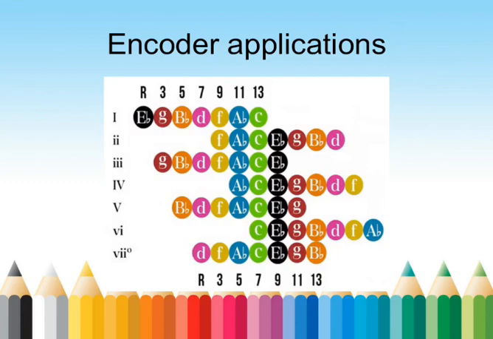The example given here is that different forms of music rhythms can be encircled with different colors. They can be coded by numbers and alphabets like R, 3, 5, 7, 9, 11, 13, etc. So the various forms of music rhythms can be encoded with the required alphabets or numbers for the encryption and decryption process. This is all about the encoder circuit.